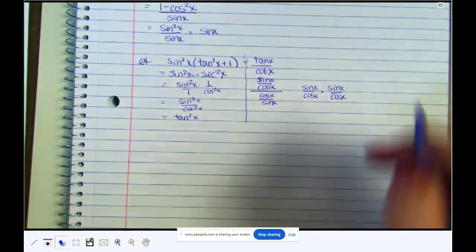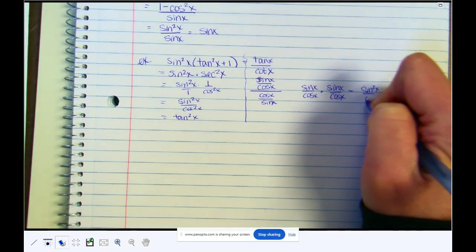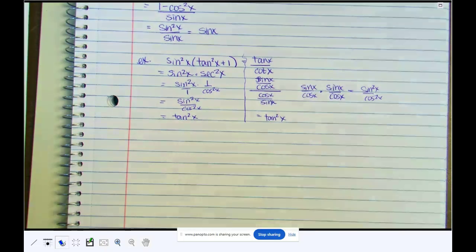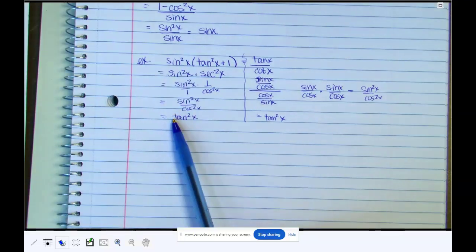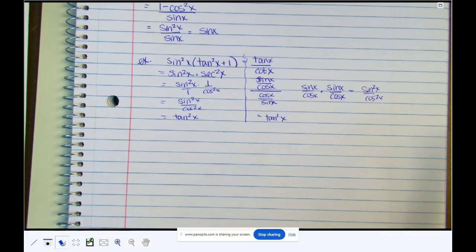What's that equal? Sine squared over cosine squared, which is tangent squared. This is what I mean when I say you do one side and you do the other side, and if they're equal, then you're good, because you just proved that the two pieces are equal. But you can't cross the equal sign. Goodbye.